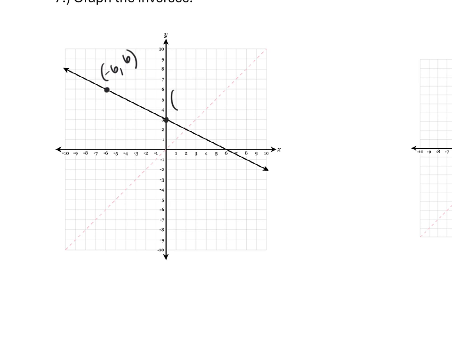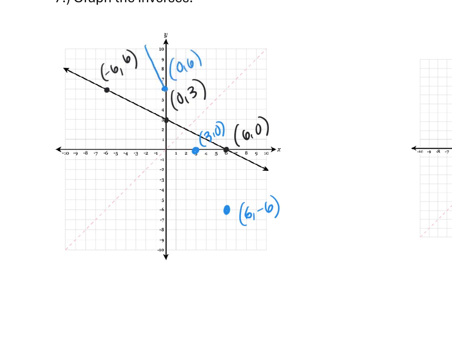Here's one at 0, 3. Here's one at 6, 0. To graph my inverse, I am going to reverse the ordered pairs. So my first point would be at 6, negative 6. My second point would be at 3, 0. And my third point would be at 0, 6.